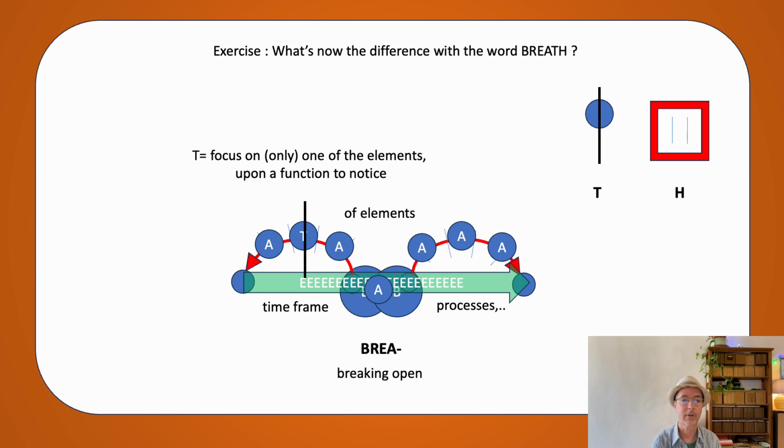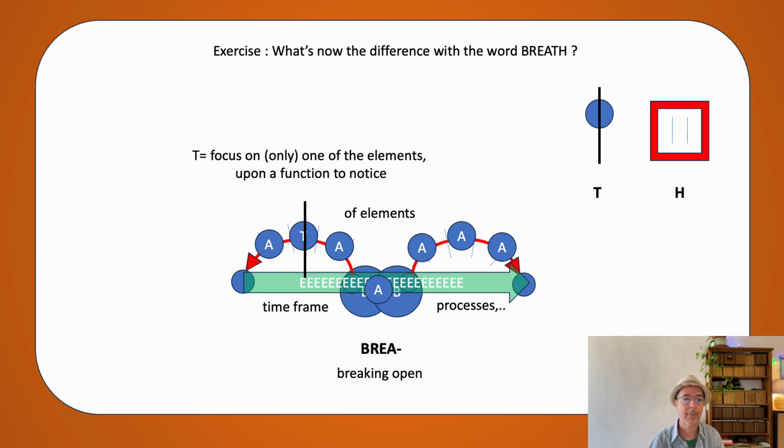It's the focus on just one of the elements or a part of the elements, or it's slightly moving away from the center and it focuses on what I can use from the elements. So it's a focus on the functional notice of what you have.